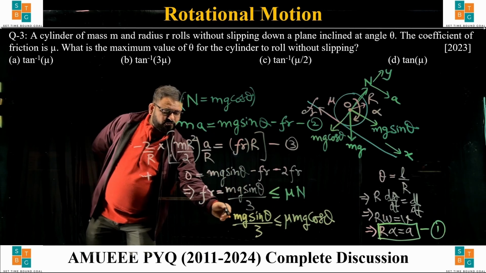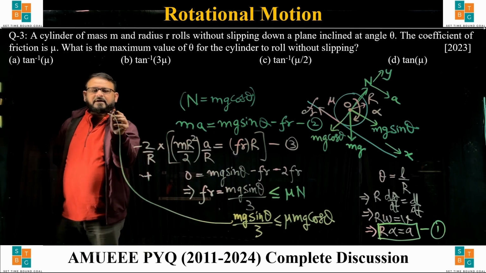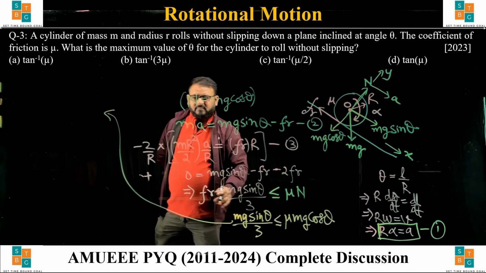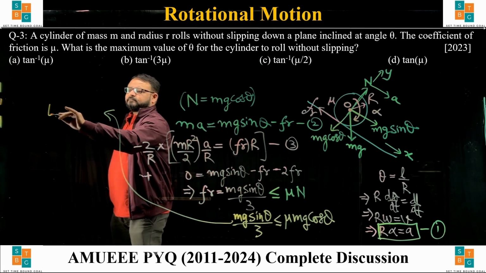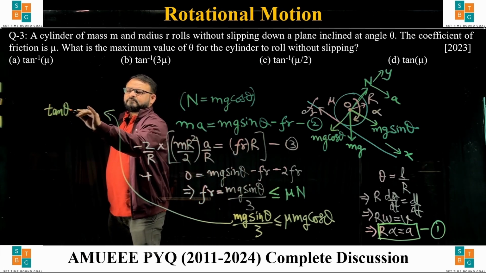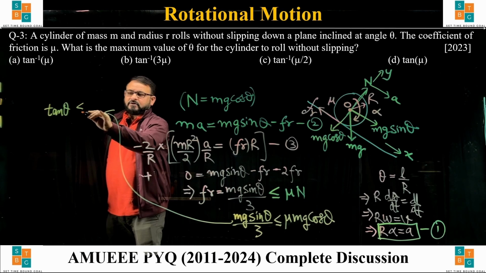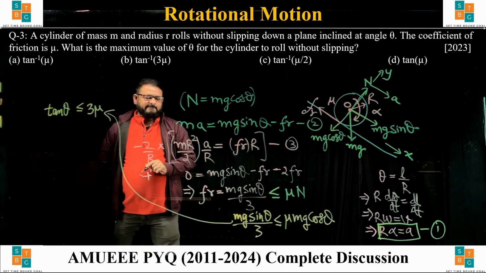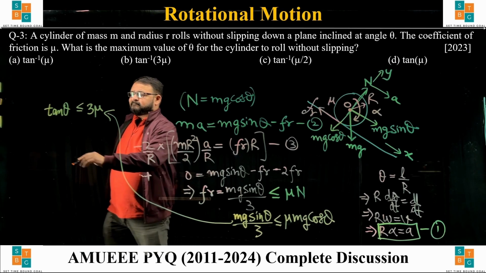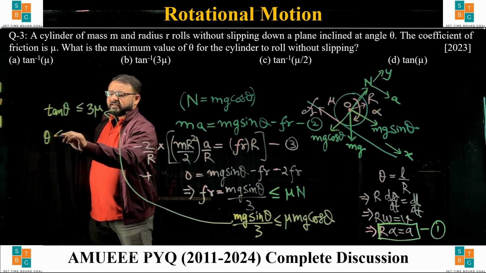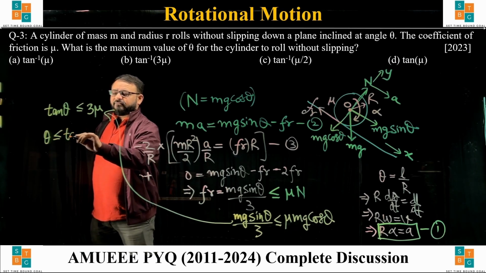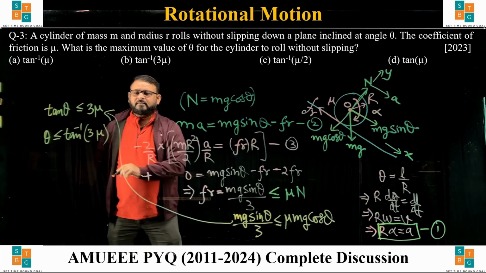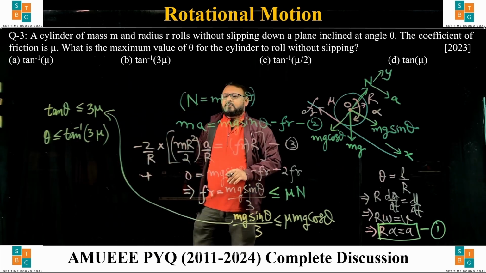Now once you have this, we can write tan theta is less than or equal to 3 mu, right? Or theta is less than or equal to tan inverse 3 mu, right? So our answer is B.